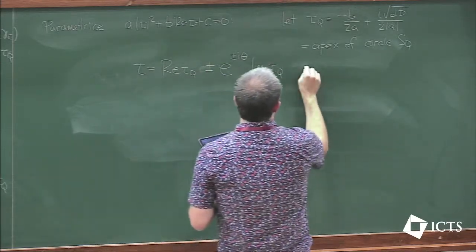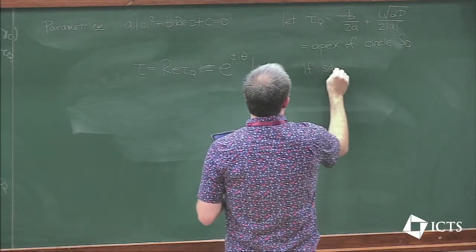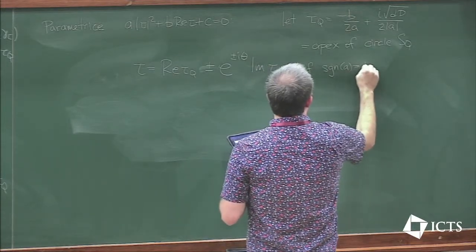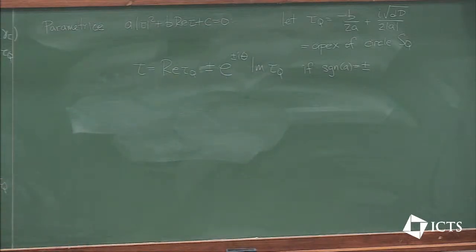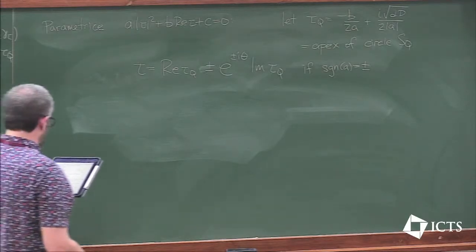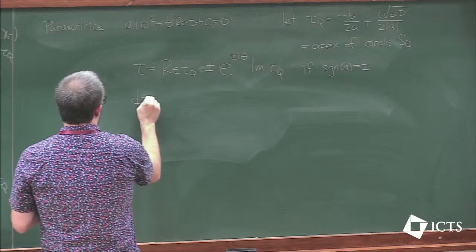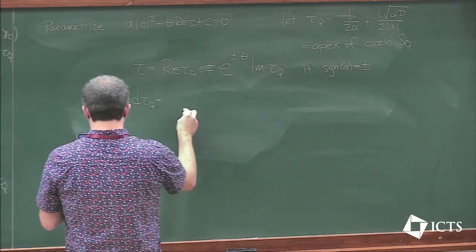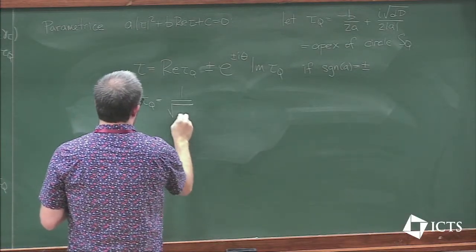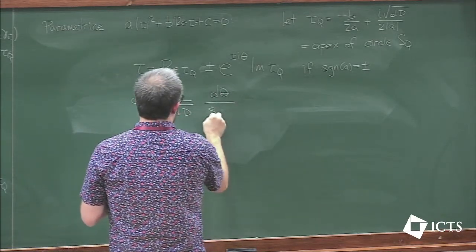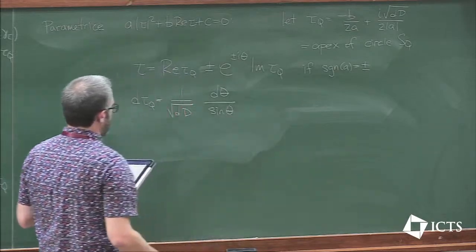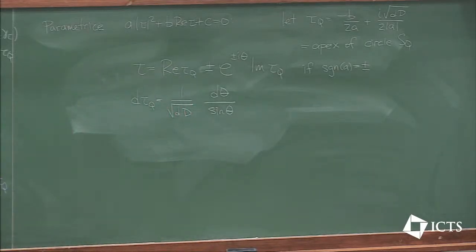And then we choose plus or minus based on the sign of A. Okay, so this is going to parameterize the circle, and it's going to do it in the correct orientation, as I said before. And then you can check that d tau_Q turns out to be 1 over the square root of little d times big D, d theta over sine theta. So we've also gained a really nice looking differential as well.